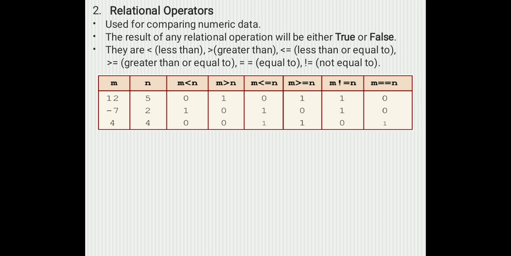For example, take 2 values m and n. Is 12 less than 5?